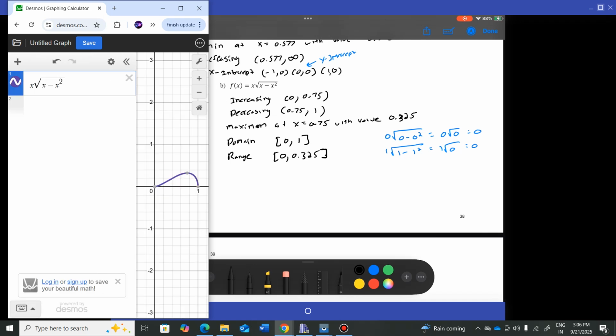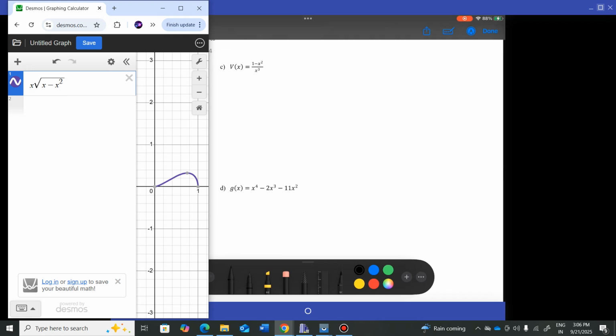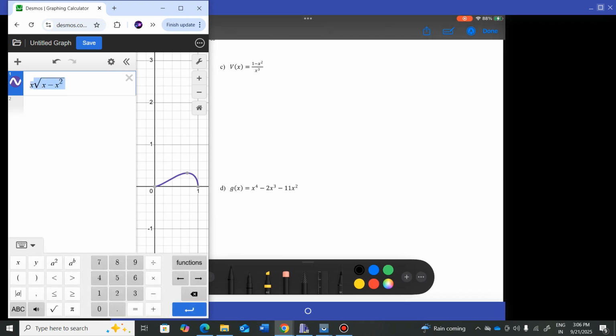Next one: one minus x squared, divided by x cubed.